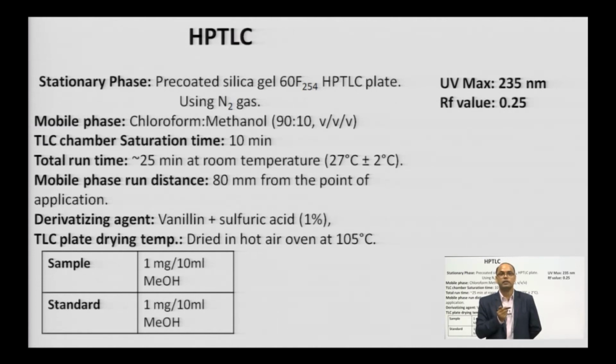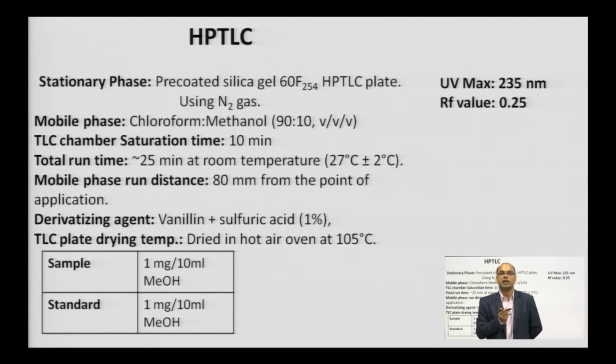It means that 1% vanillin is dissolved in sulfuric acid to develop the derivatizing reagent. The TLC plate was dried in an oven at 105 degrees Celsius. The sample was prepared by dissolving 1 mg of drug in 10 ml of methanol. The standard was prepared by dissolving 1 mg of drug in 10 ml of methanol.